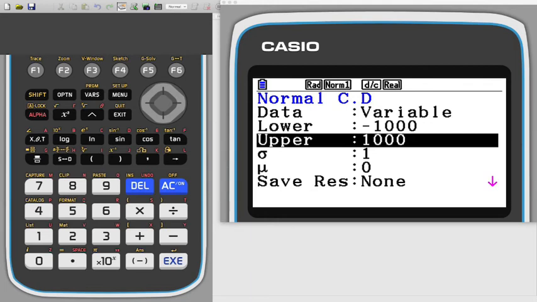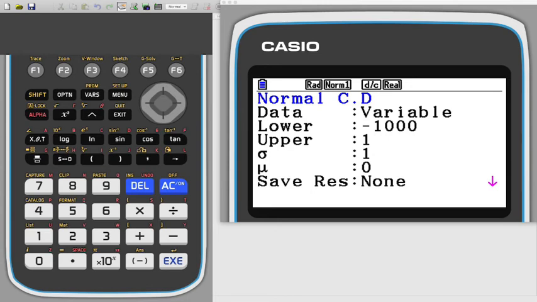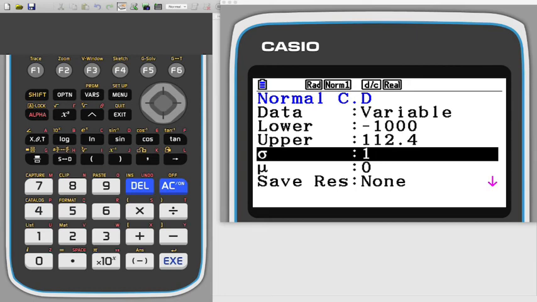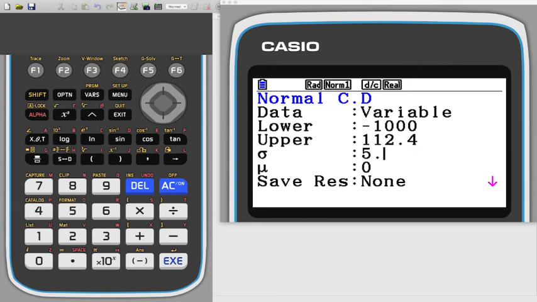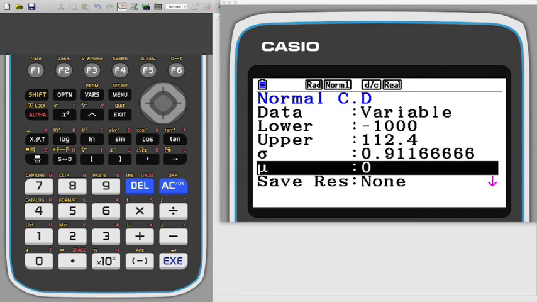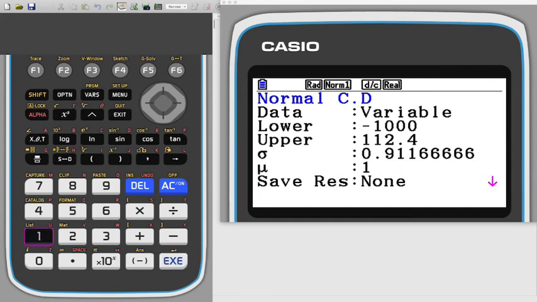We want the upper bound to be 112.4. Enter. We want the standard deviation to be 5.47 divided by the square root of 36, so we could put divided by 6. Enter. And we want the mean to be 115. This is to calculate the p-value.